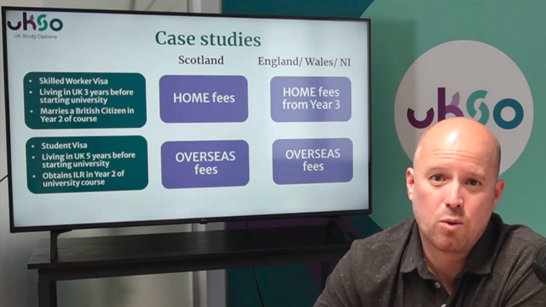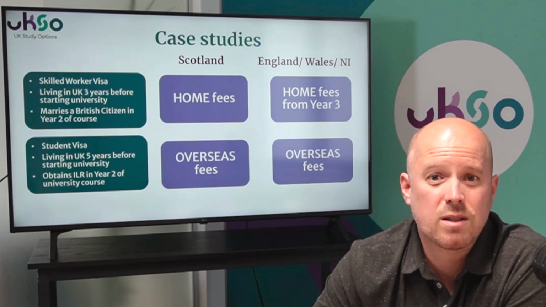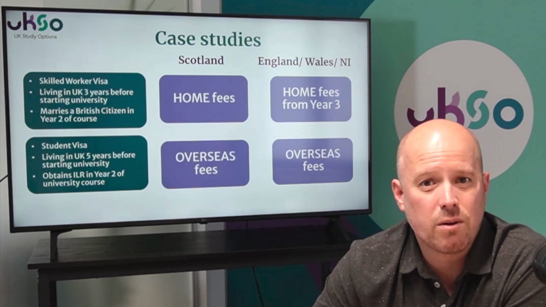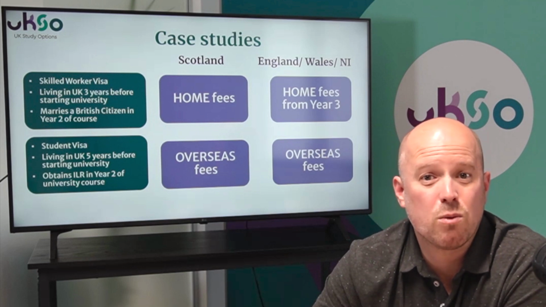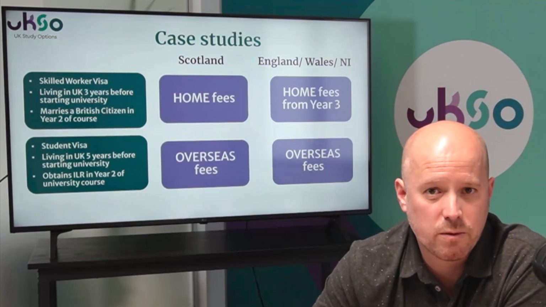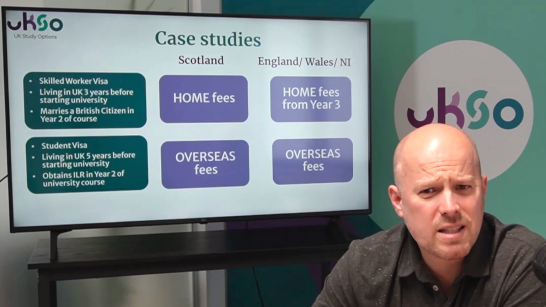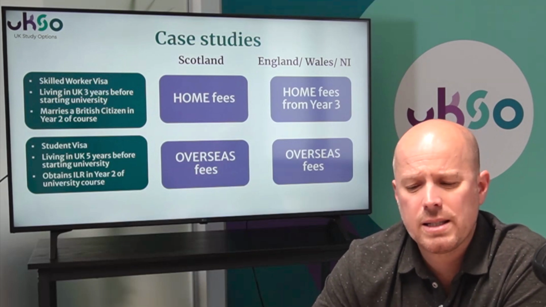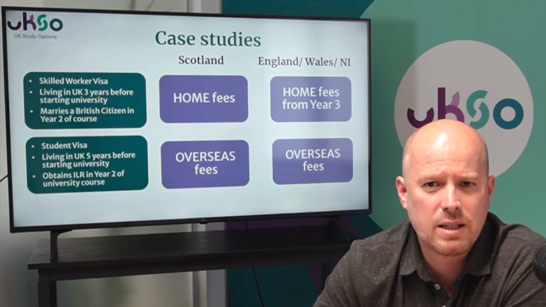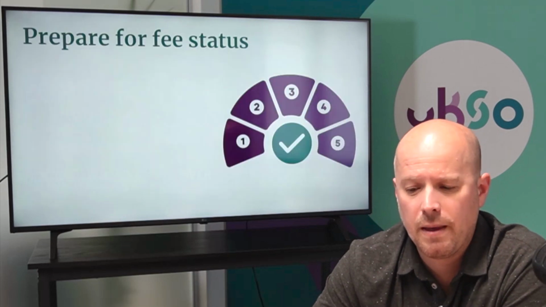They don't meet the ordinary residence requirement, which is 3 years of ordinary residence in the UK where the main purpose was not for full-time education. So hopefully that's helpful for you to see the differences between some of these cases and how they fit in.